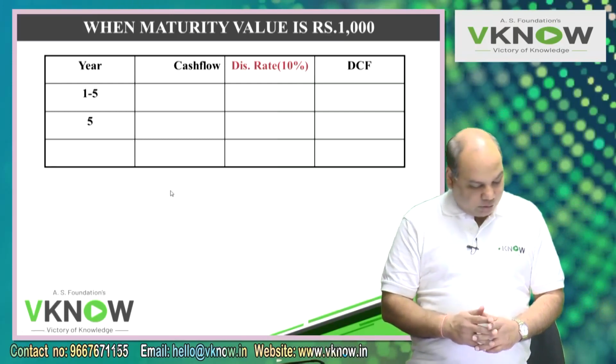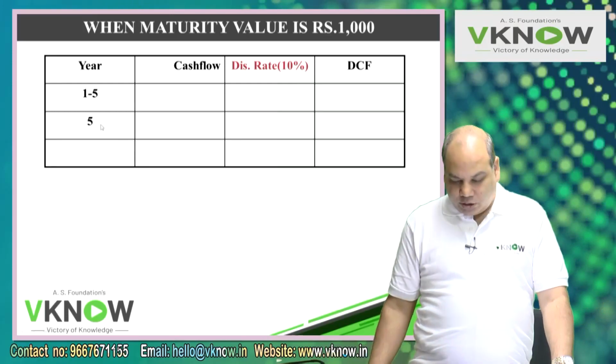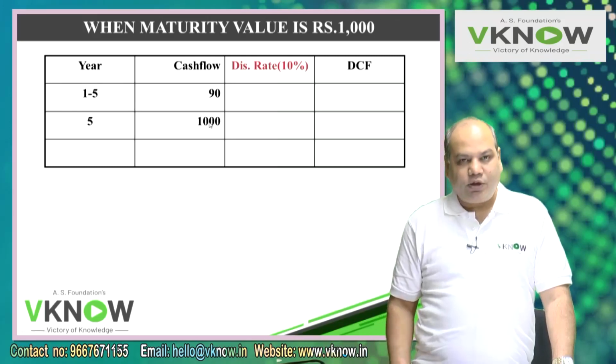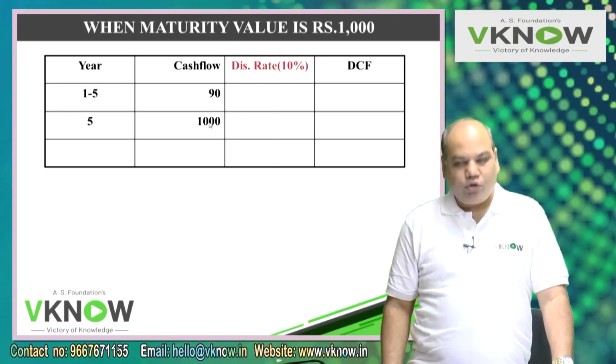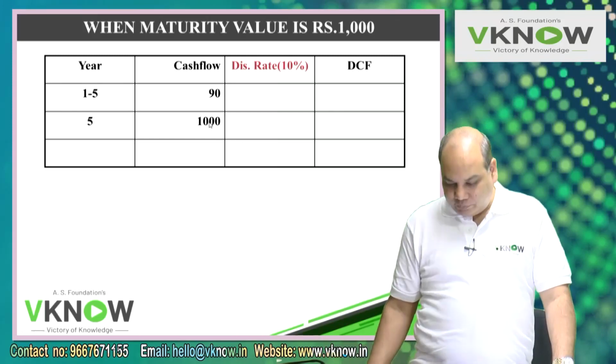When maturity value is rupees 1000, year 1-5, 5. In the cash flow column, write 90 rupees. 9% of 1000. For 5 years, you will get 90. In the 5th year, you will get 1000 rupees.